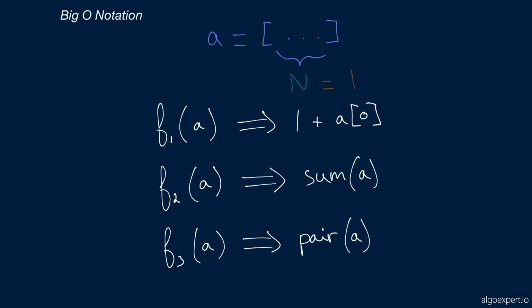Now, if you are actually tracking the execution time of the algorithms, you might get slightly different values every time, even for the same algorithm. For instance, if you were to run F1 multiple times with an array of length 1 and track the time that it takes to execute, you might see slightly different values. You might see 1 millisecond, 5 milliseconds, 2 milliseconds, depending on when you run it.